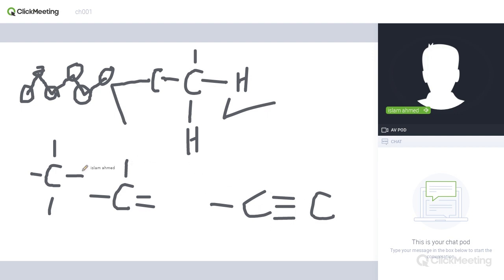So if we have single bonded aliphatic hydrocarbon, this is called alkane. We will discuss that in details after that. So we have alkane.